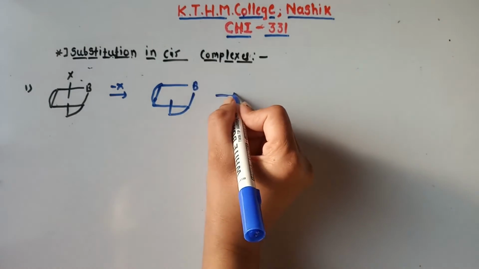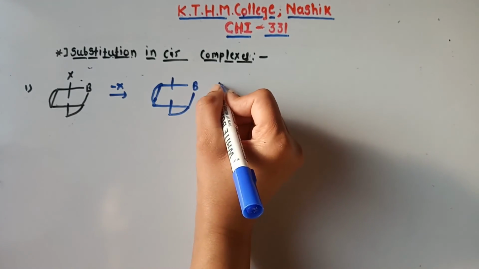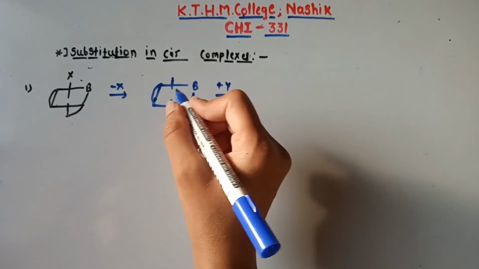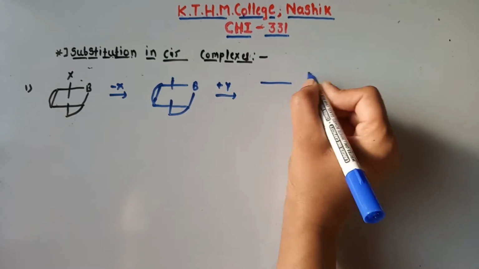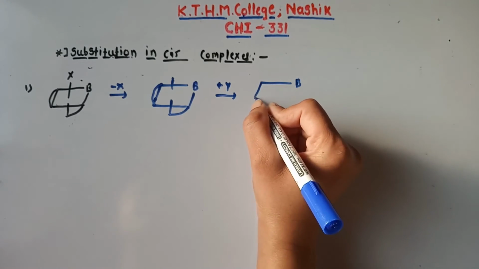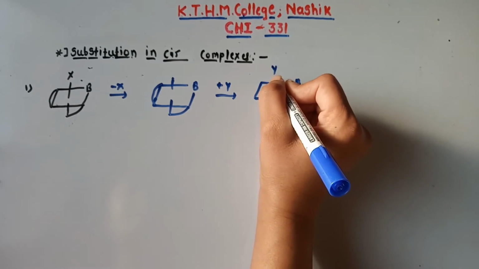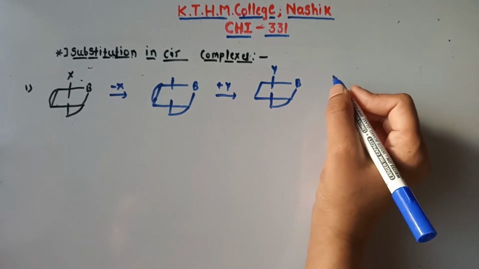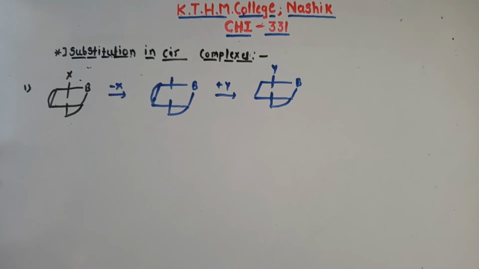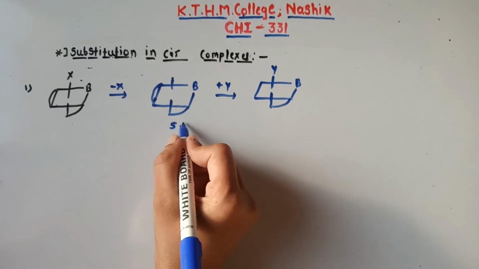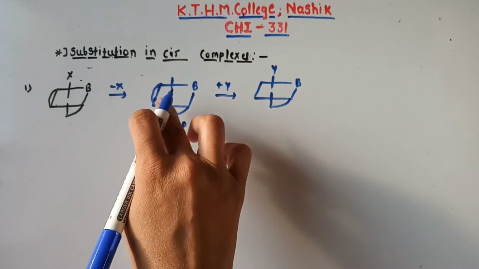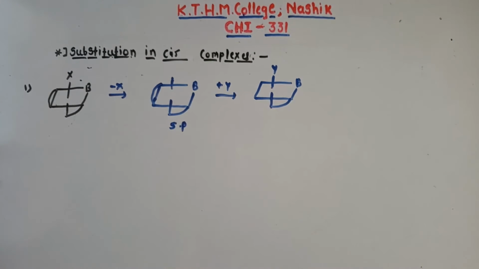Okay, when Y attacks on this complex, we get again a retention of configuration. This is your product, means retention of configuration. So this is your square pyramidal intermediate again, and when Y attacks on this complex, we get retention of configuration as it was in reactant.